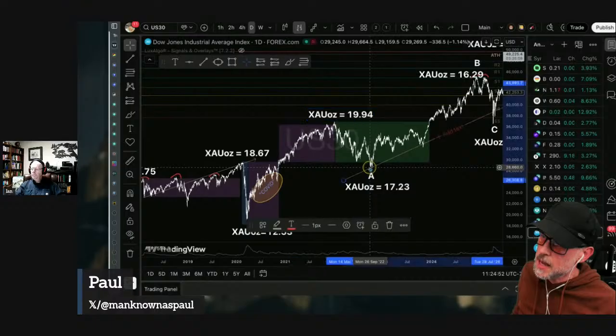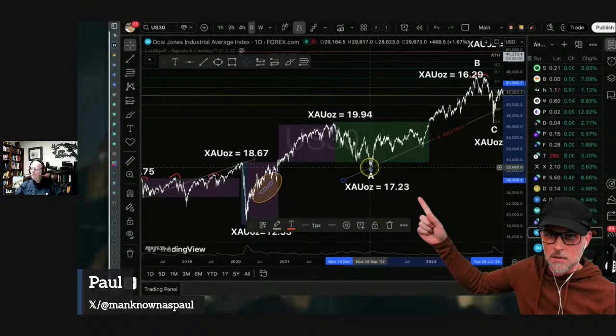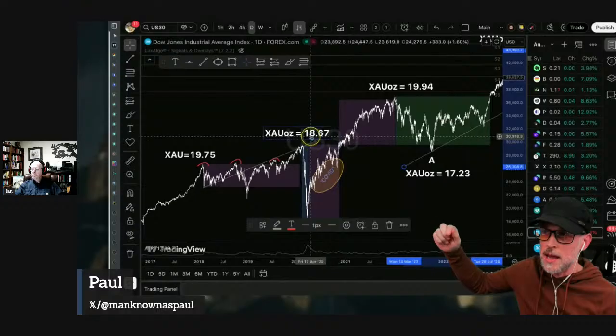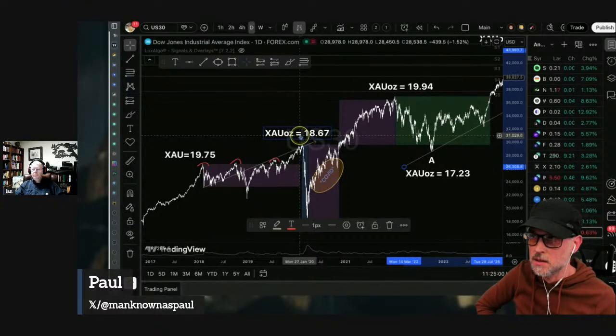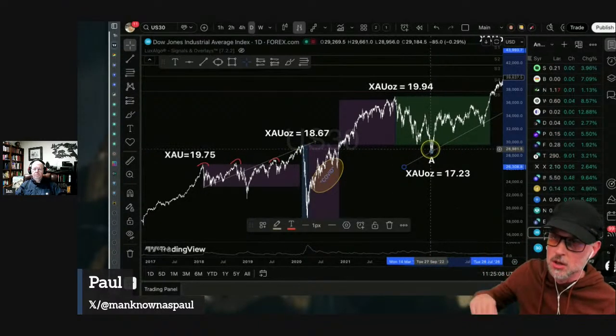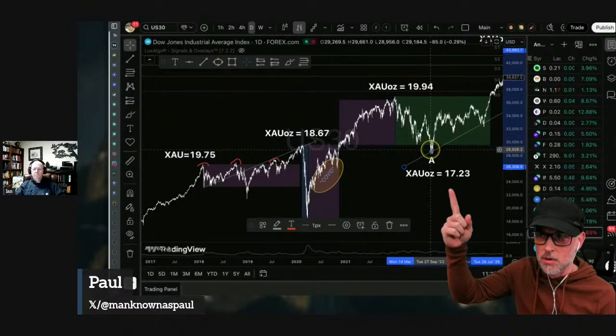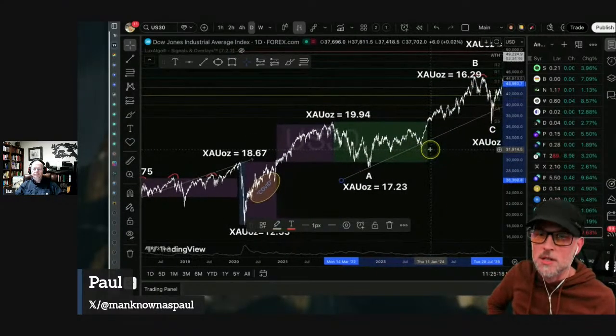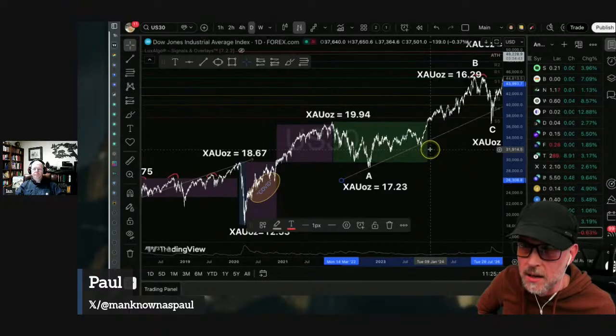Cheaper at this A than it was at that when it was challenging those highs. It was 1867 at this time in 2020. When it came back and retested that level in the American economy, it was cheaper. The markets have been going down this whole time.